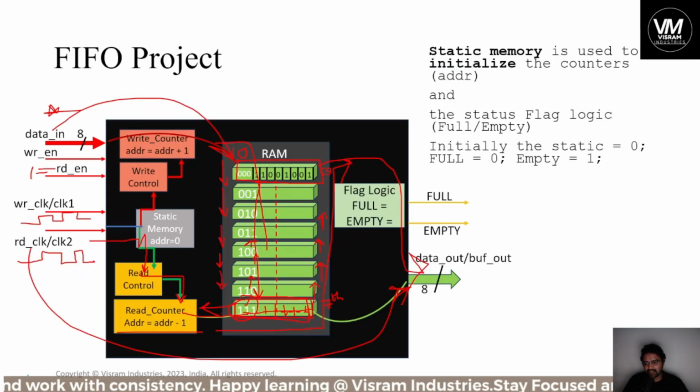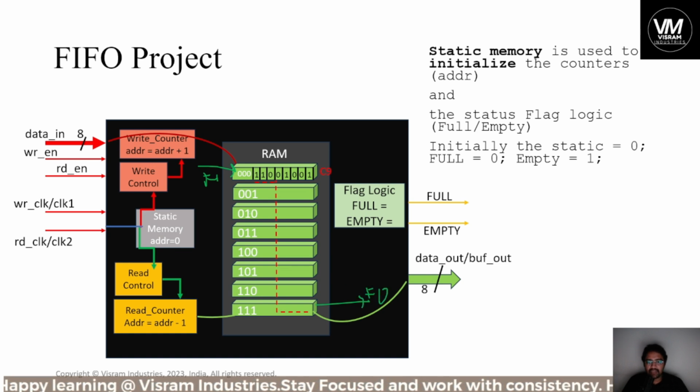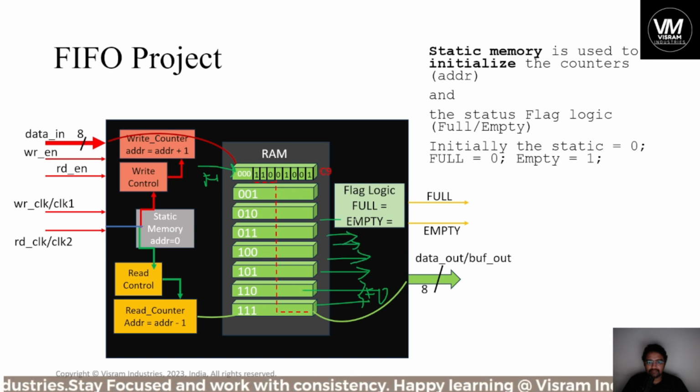I'm just repeating again: first in is Fi and first out is Fo. In this way, the data will be sent out, and in this way data input is added into the registers.